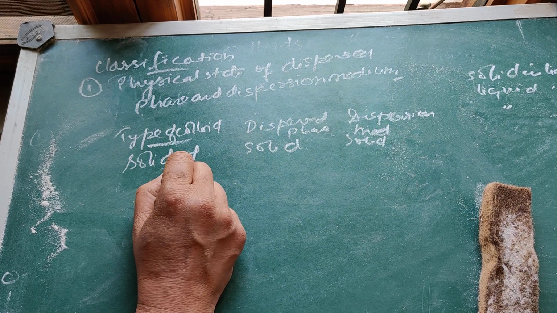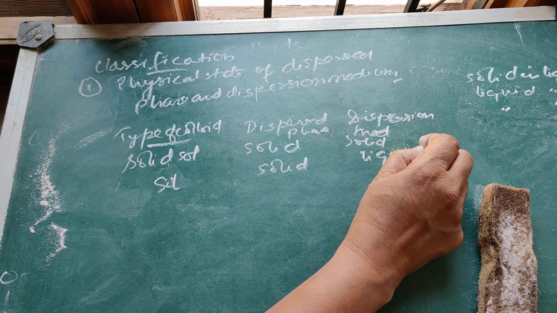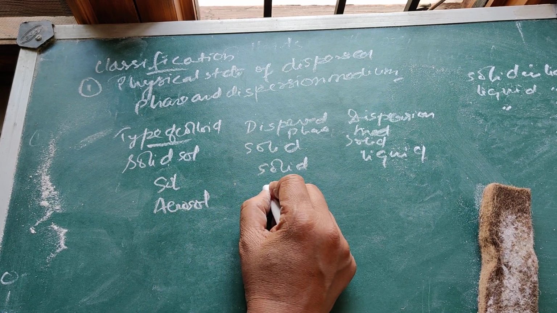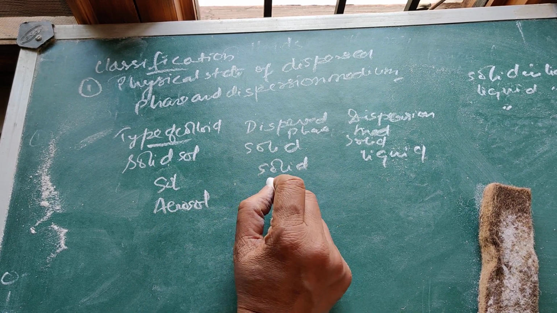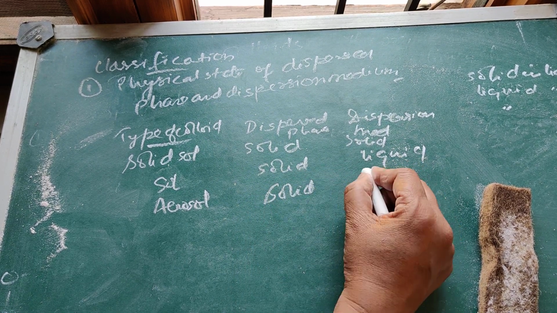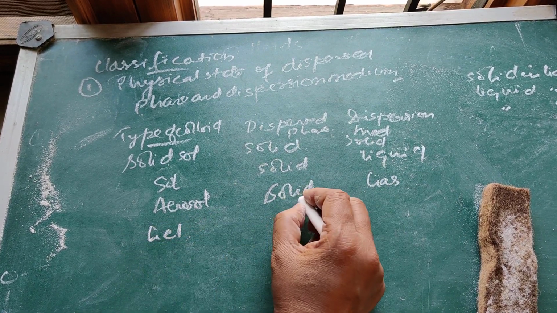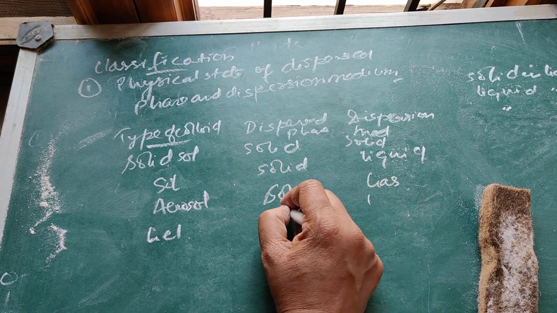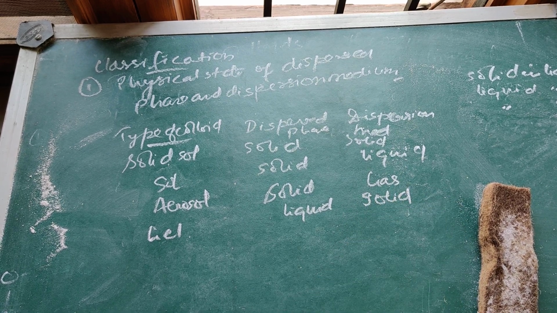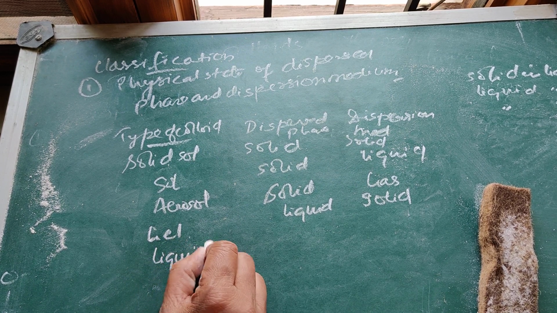It will be called sol if the dispersed phase is solid and dispersion medium is liquid. It will become aerosol if the dispersed phase is solid and the dispersion medium is gas. Then it will become gel if the dispersed phase is liquid and the dispersion medium is solid. Liquid in liquid is emulsion.